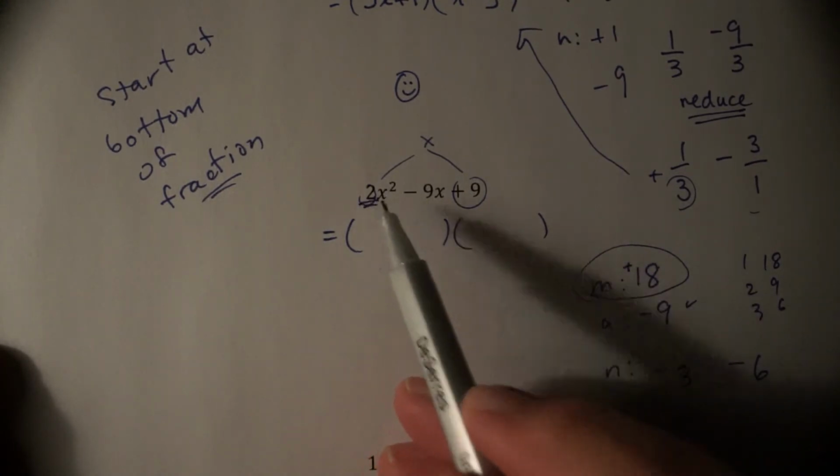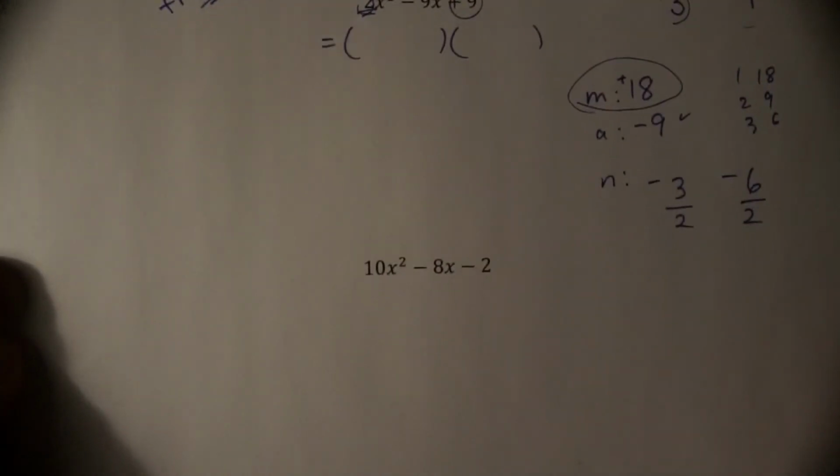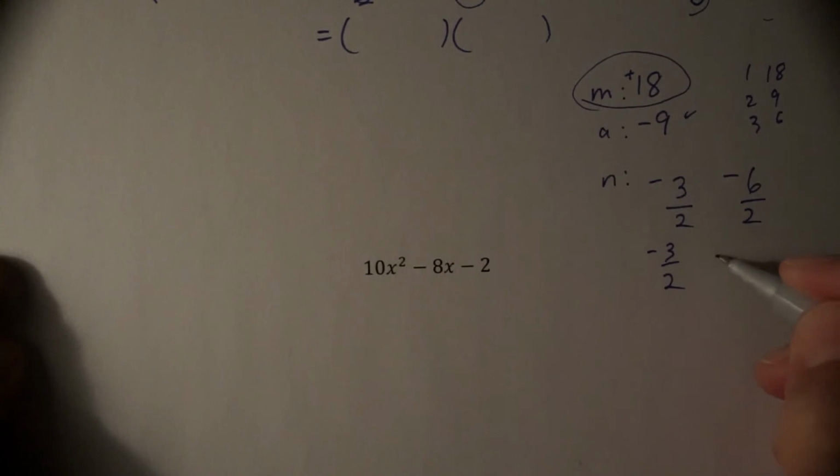I now have to go and divide them both by 2, the number we started with. And now I have to reduce. That's going to be negative 3 over 2 and, dividing those both by 2, negative 3 over 1.